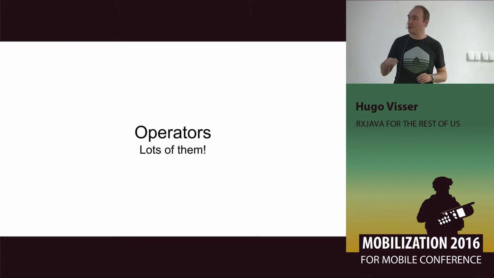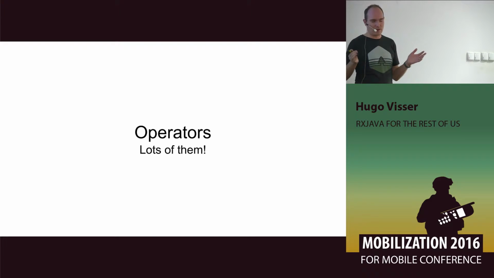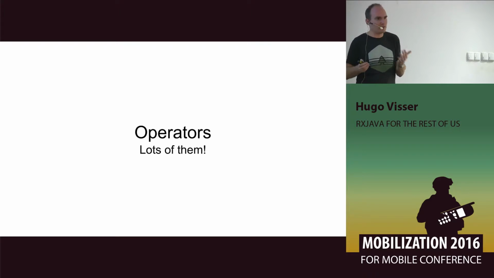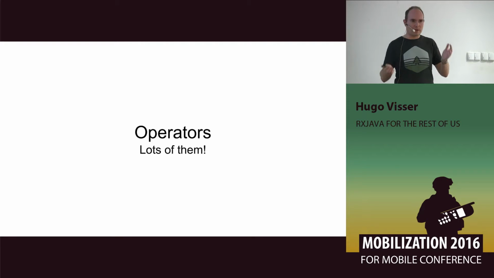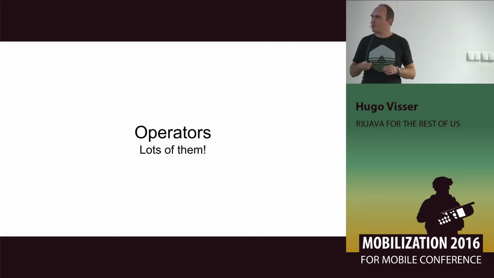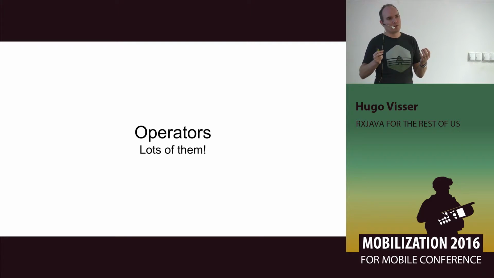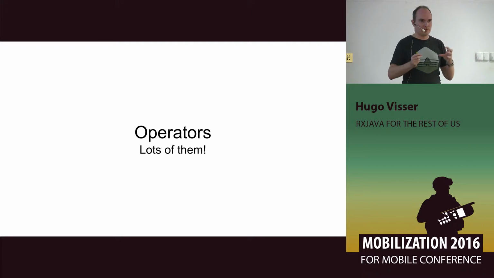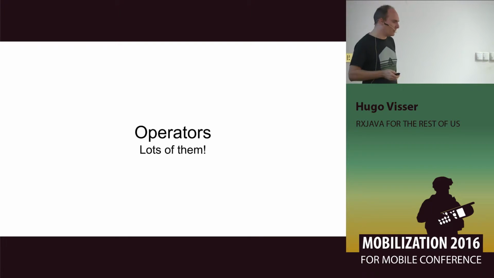We'll get to that. And there are lots of them. I don't know how many, but in typical use I use about 10 or something like that, but there are way more than that. And you can combine them in all kinds of ways. So that also means that you have to learn some tricks, in a sense, to figure out which combination of operators works. And there are many operator combinations for that.